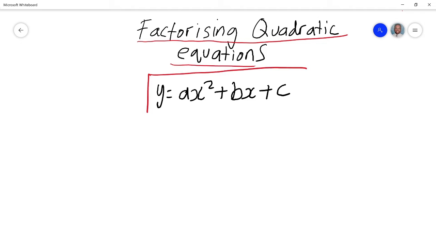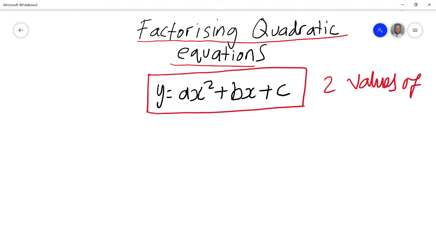It's important to highlight this really well because that will help you solve questions, or should I say equations, involving quadratics. If you look at this equation, y is equal to ax squared plus bx plus c, you need to know that you've got two values of x.